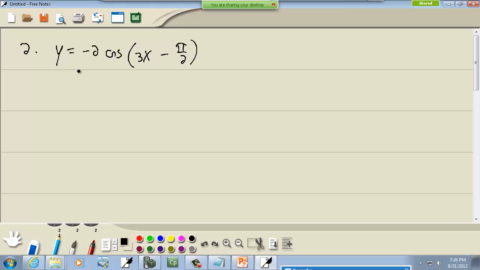Again, before we can decide which way it's shifting, left or right, and how much, we need to factor out the numbers in front of the x, which is a 3. So I'll factor that out, and this becomes pi over 6. Now, if you can't see that, what I did is I took pi over 2, and I divided by 3. Because I'm factoring out a 3, which means I'm dividing out a 3.